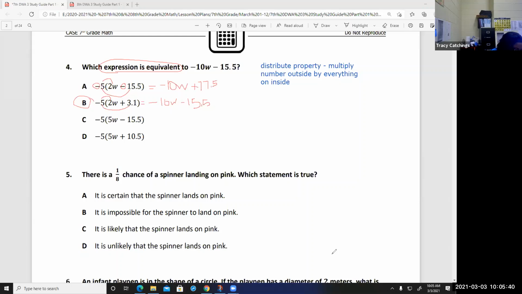All right, number 5. Good job. They said a 1/8 chance of landing on pink, and it looks like they're giving us keywords. We did probability last week and this week. Anybody remember what these keywords meant?